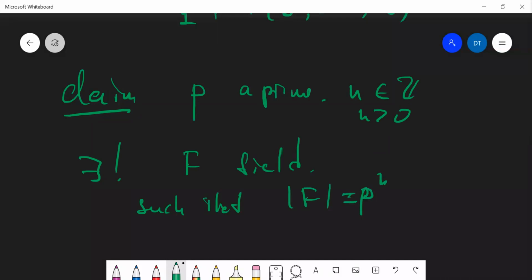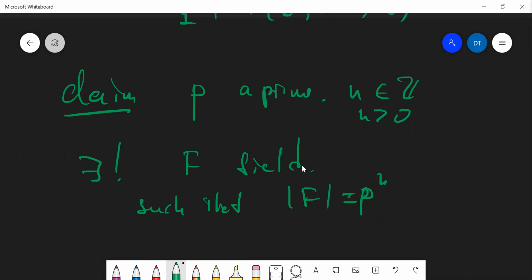So we know that each finite field may have only p to the n elements, and for each case p to the n, we have only one field with this amount of elements. This is a hard result, so this is not something we can prove in a second.